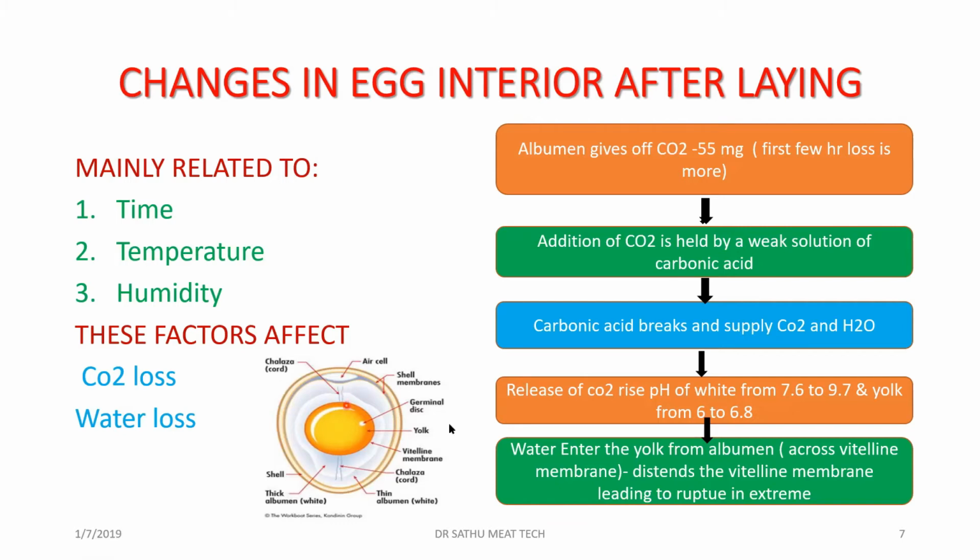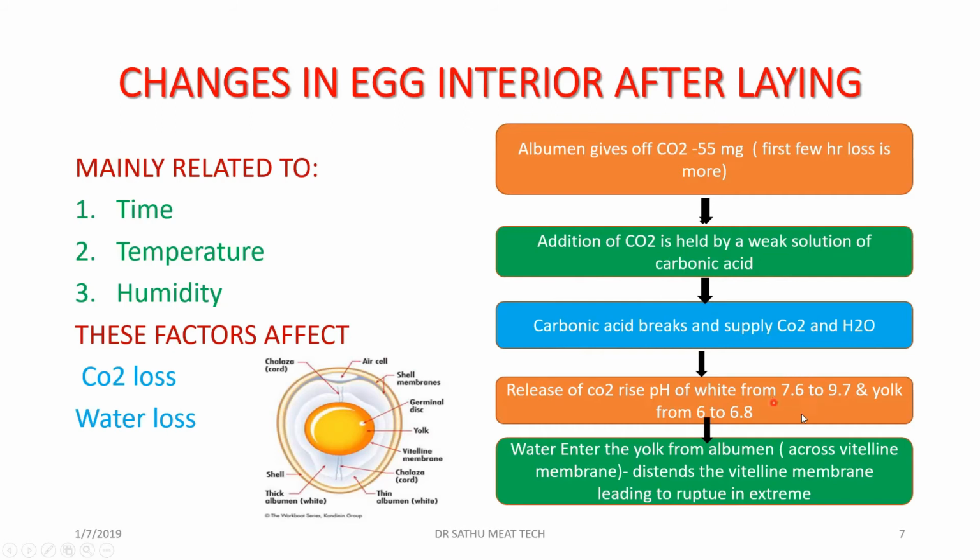We can see here the addition of carbon dioxide is held by the weak solution of carbonic acid. Carbonic acid breaks and supplies carbon dioxide and water. As I told, when the carbon dioxide gets lost, the pH of the egg white increases from 7.6 to 9.7.